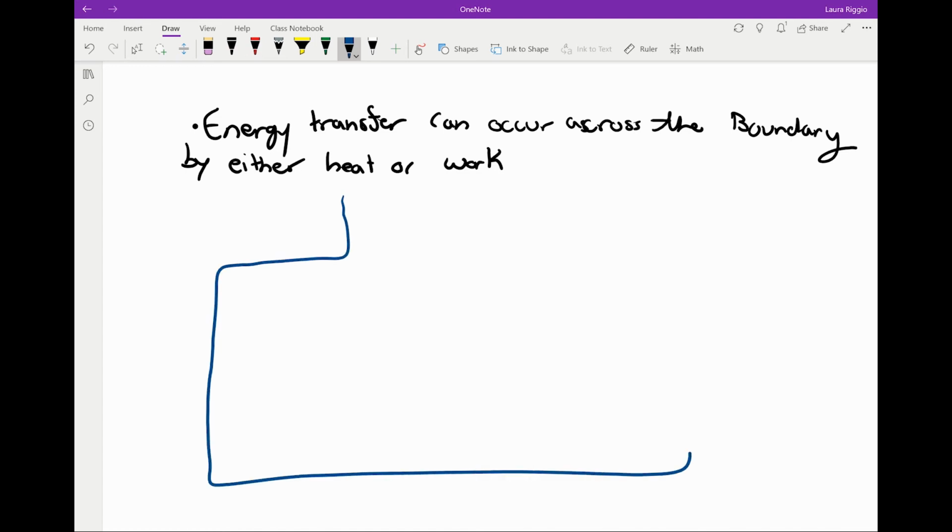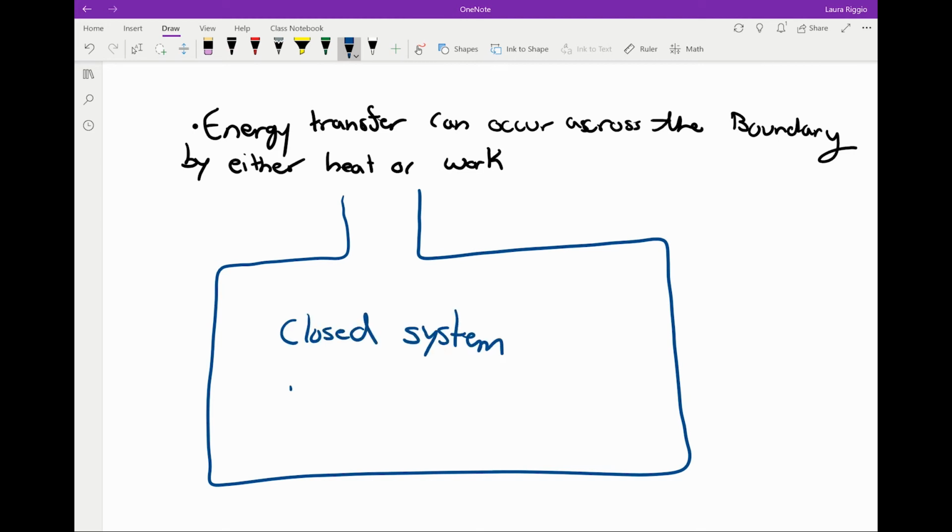So I'm going to draw my picture again, where here I have my system. So this is a closed system. So my mass is constant.